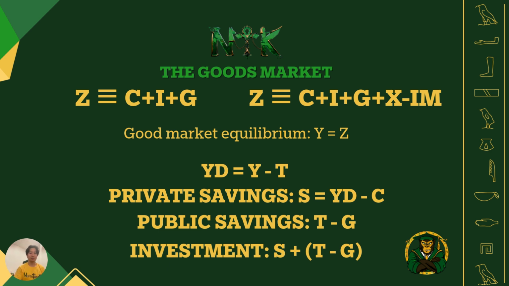Then we have public savings. Public savings is more on a governmental scale. So it's the tax minus the government spendings. Public savings can be positive or negative, but in most cases it's positive. Of course, the government is receiving tax from its citizens, and then it's going to spend it on infrastructures, on just public stuff. So this is government spendings, but it can also be negative.